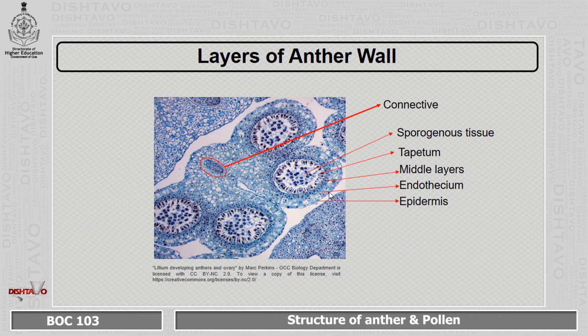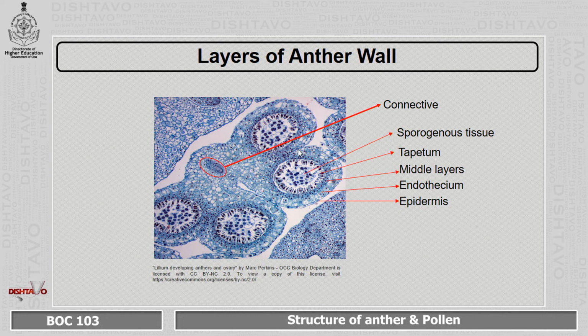Outermost is epidermis, followed by endothecium, after that middle layer here, then there is a tapetum, and in the centermost they enclose the sporogenous tissue. This tissue here, which is referred to as the connective, is a tissue which is attaching the two lobes of the anther, and here this is the region which is called the stomium, from where the dehiscence of the pollen grain will take place.